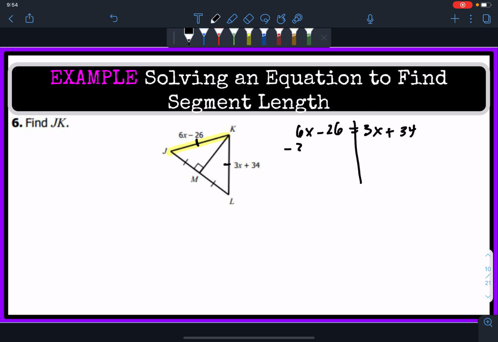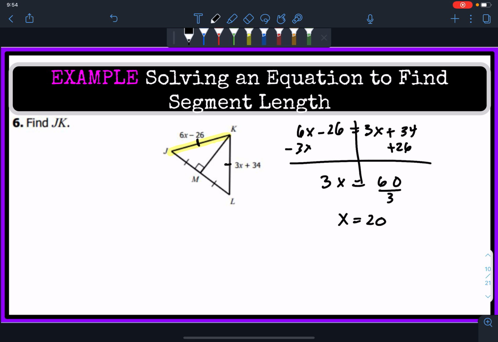With letters to the left and numbers to the right, we get that 3x is equal to 60, and dividing by 3, x is equal to 20. So JK would be 6 times 20 minus 26, which is equal to 94.